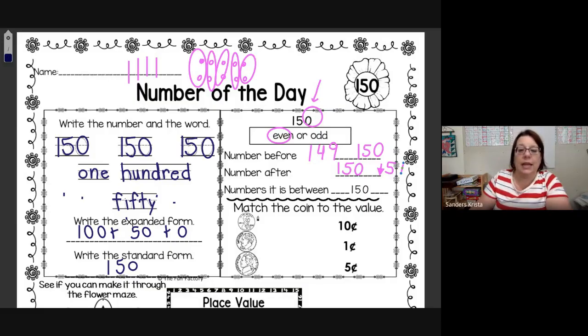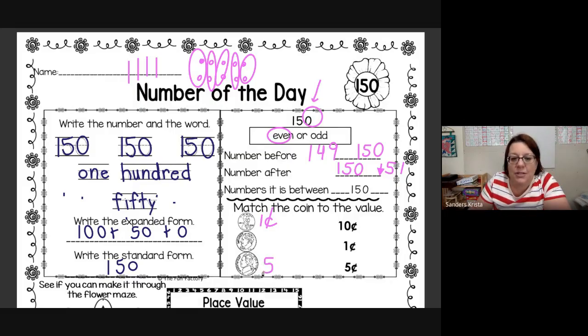A penny equals 1 cent. This is a penny. I'm going to write 1. Okay, 1 cent. A penny equals 1 cent. A nickel, here it is, equals 5 cents.